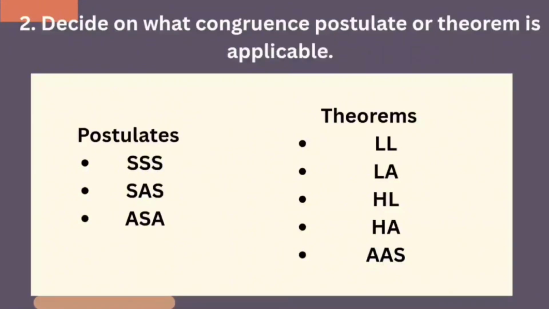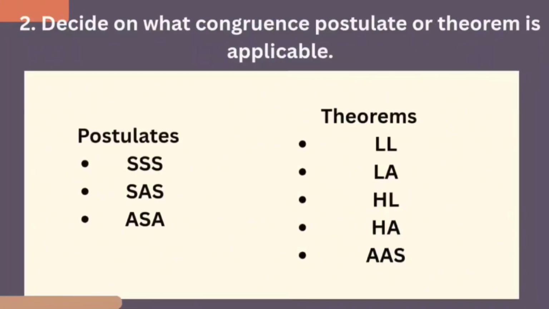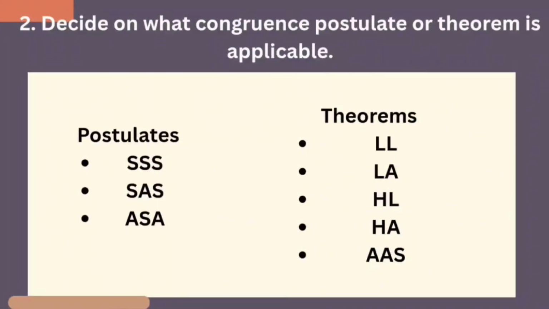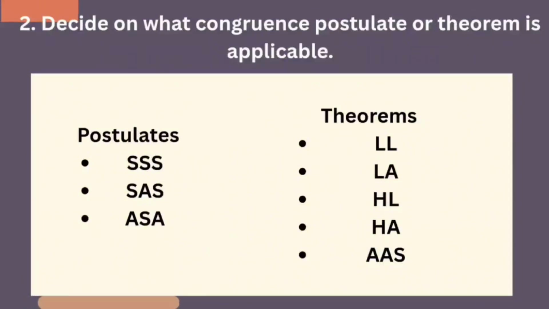Some of the key postulates and theorems include side-side-side, or we call SSS, side-angle-side, or SAS, angle-side-angle, the ASA, and the fourth one, AAS. And we have also the right triangle theorem.